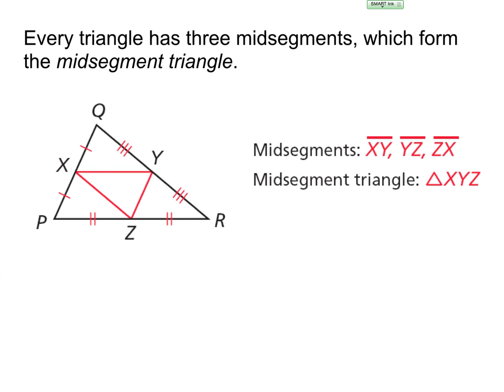I think there's a place in your notes to draw that. Put that, that's your definition over there somewhere. Midsegment triangle. So that midsegment triangle actually is pretty interesting if you look at measurements and so forth.